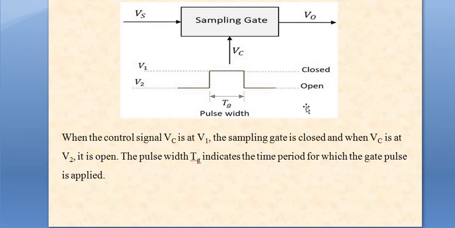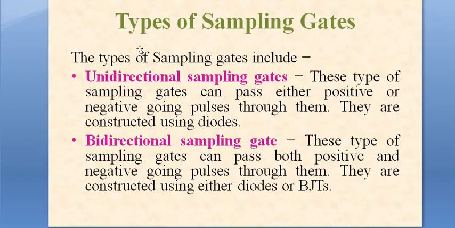Here you have two types of sampling gates. Next is the types of sampling gates. As I have said, there are two kinds: the first one is the unidirectional sampling gate, and the second one is the bidirectional sampling gate. First I'll explain what exactly a unidirectional sampling gate means.